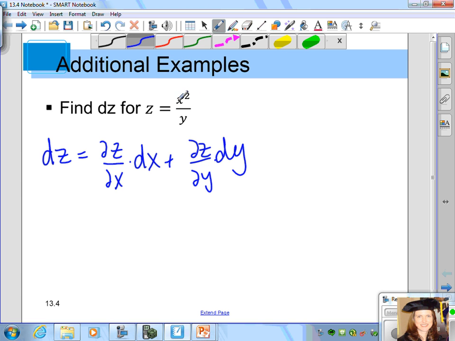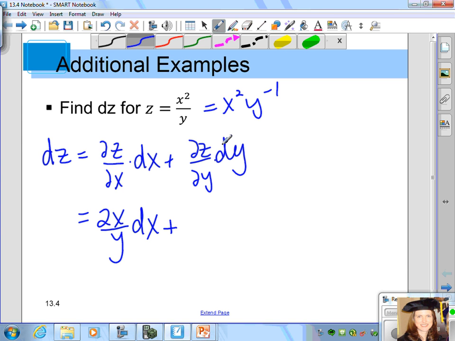You can write it using the partial derivative symbols. We can write z as x squared over y, or as x squared y to the negative 1 power. When you take the partial of z with respect to x, you're going to treat y as a constant. The derivative of x squared over y is 2x over y times your differential x.